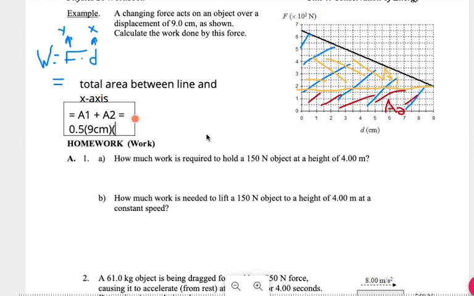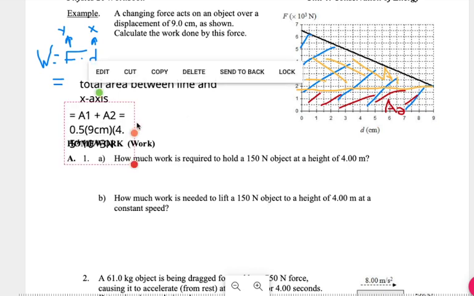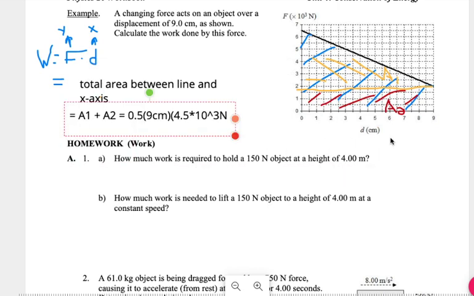So that's going to be 4.5 times 10 to the 3 newtons. Right, pay attention to our units there. Force is in times 10 to the 3 newtons, or kilonewtons.